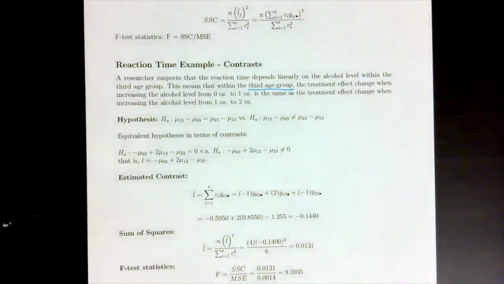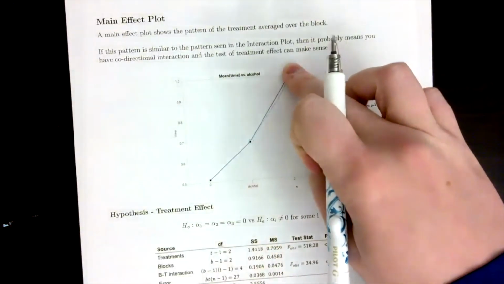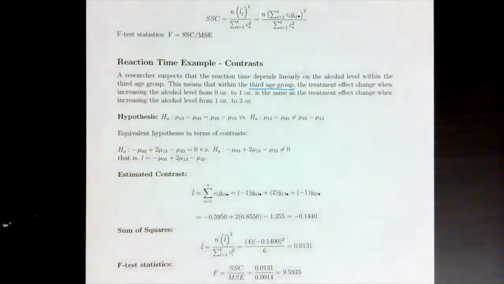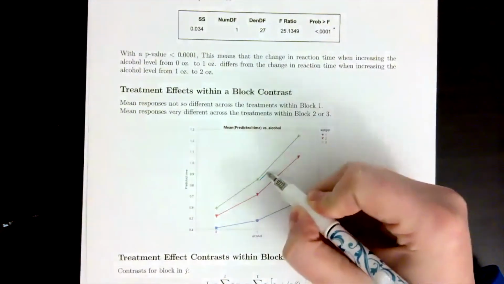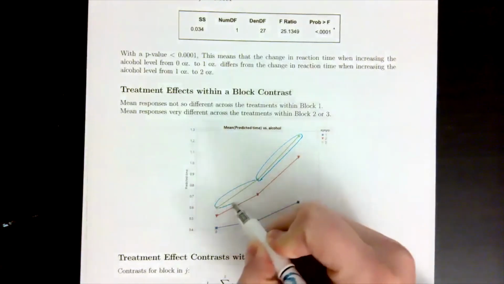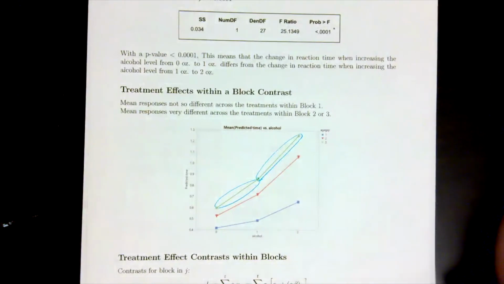So in the first example, we were looking at the difference between the effects of the slope on the main effect plot. Now what we're looking at is the difference in the slopes with this green line. So this one, does this differ from this? Only within this third block.